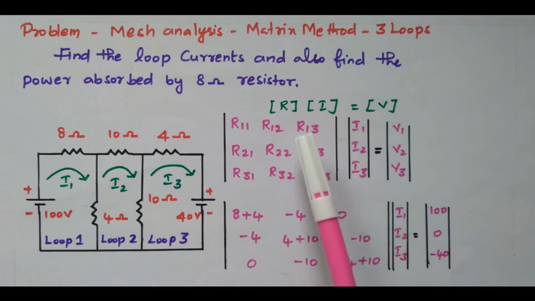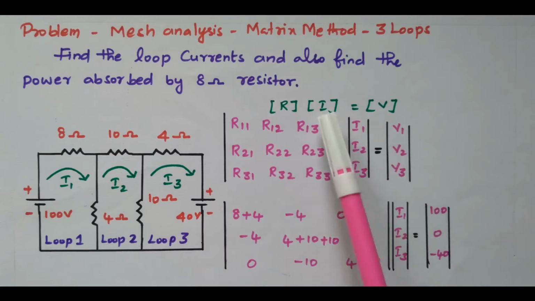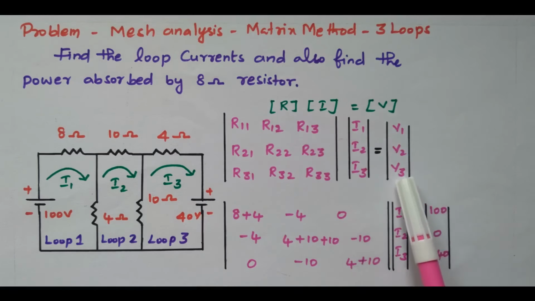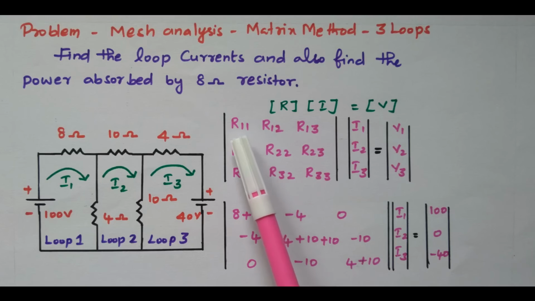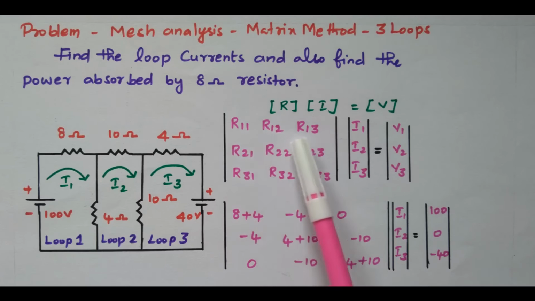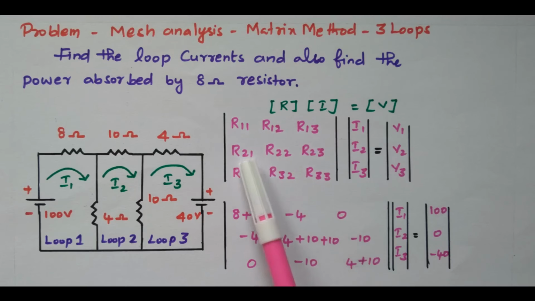By the matrix method we can apply V equal to I into R. That is, we need to frame the voltage matrix, current matrix and resistance matrix, V equal to I into R, based on Ohm's law. In that, the resistance matrix is R11, R12, R13, R21, R22, R23, R31, R32, R33.